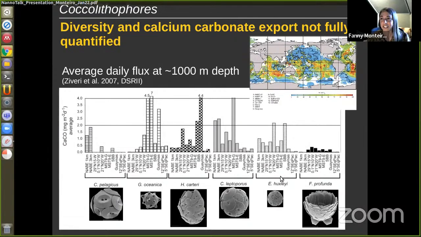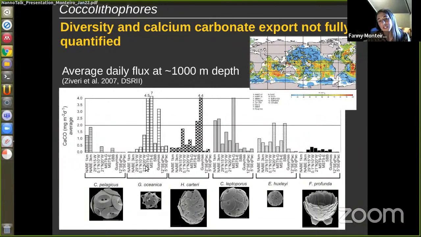I've taken this example by Patricia Ziveri, who I saw is actually here today. So hi, Patricia. She published this work back in 2007, showing the role of diversity on calcium carbonate export. Her data is taken from 12 different locations in the ocean, looking at the average daily flux of calcium carbonate at about 1,000 meters depth.